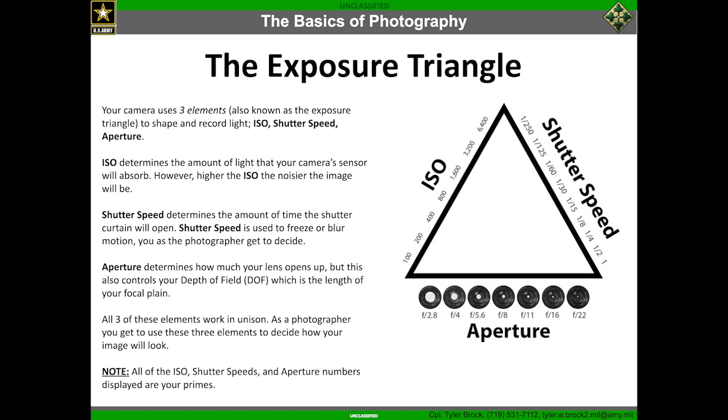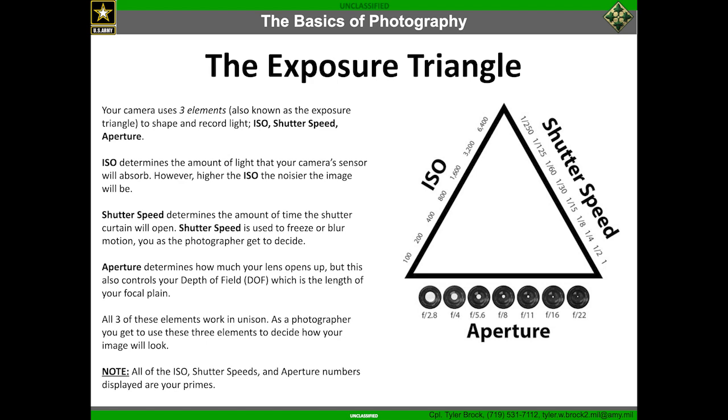So you're probably wondering how you utilize this exposure triangle to create a properly exposed image. Well, as you adjust your ISO or your shutter speed or your aperture, you need to compensate somewhere else. So if your image is properly exposed and you bring your ISO down 3 stops, well, you're going to have to either bring up your aperture 3 stops, or you're going to have to bring up your shutter speed 3 stops.